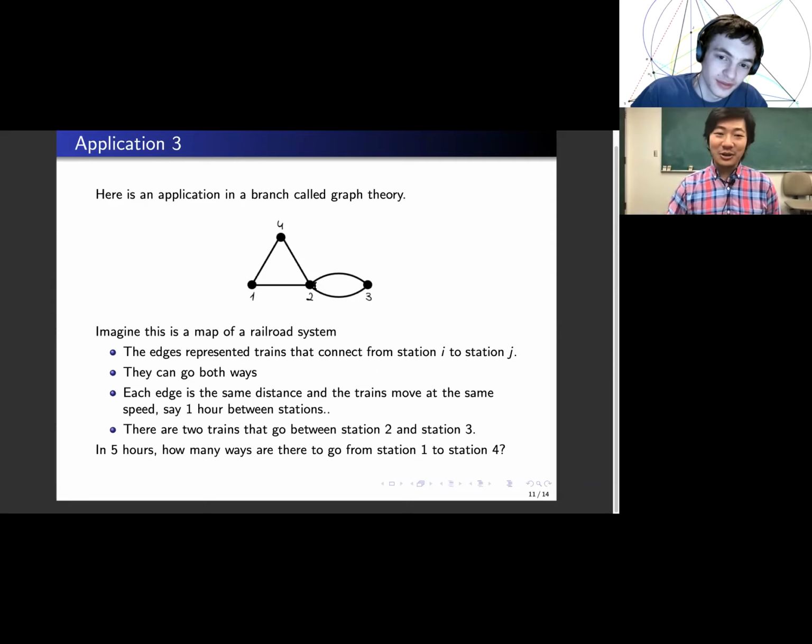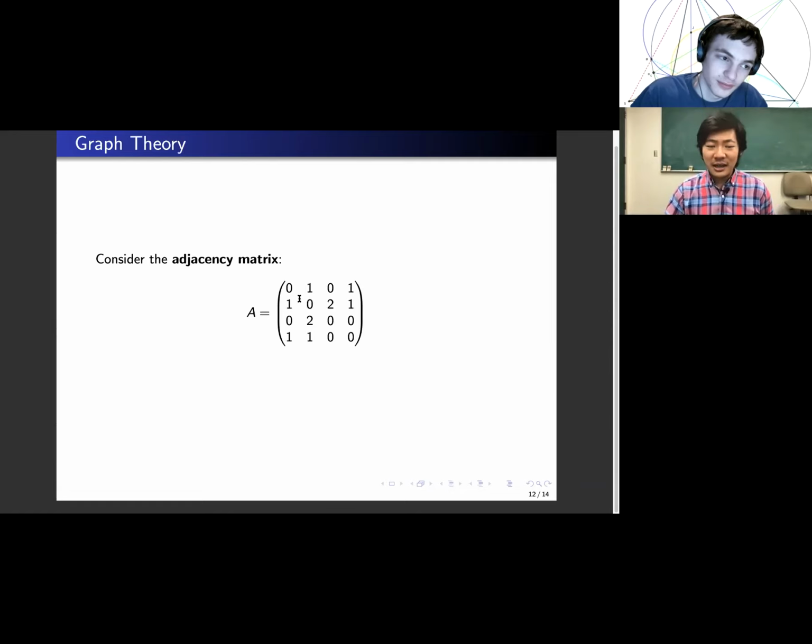And even Google uses just linear algebra to rank the popularities, and so they construct an adjacency matrix, except that their adjacency matrix is probably like a billion by a billion or even more. Yeah, probably much more. And so computing that is kind of crazy.